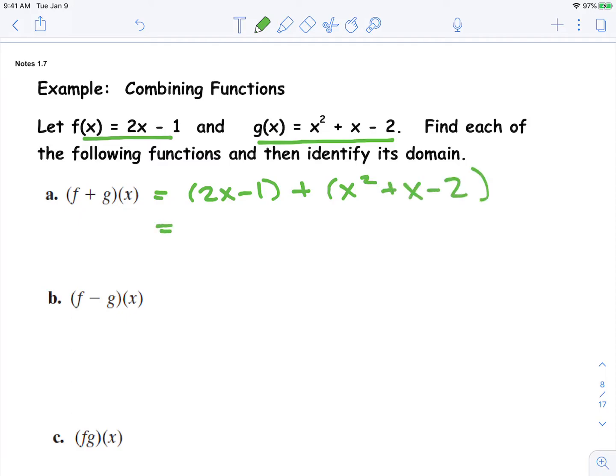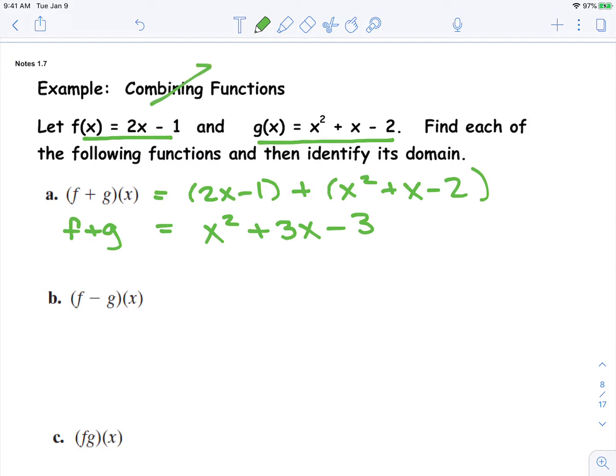So when we add these two functions together, we can just go ahead and drop their parentheses and combine like terms. So 2x plus x is 3x, and then negative 1 minus 2 is negative 3. So this is adding the two functions. What we get is a quadratic function.